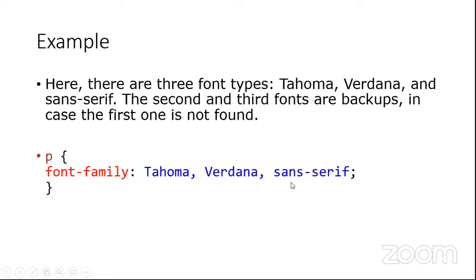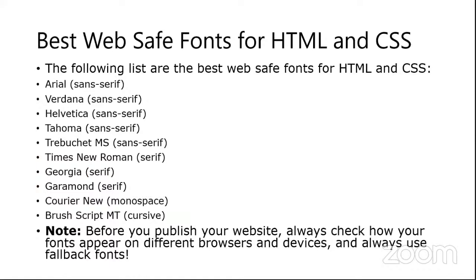So this is an example of a fallback web safe font. Okay, best web safe fonts for HTML and CSS. The following list are the best web safe fonts for HTML and CSS: Arial, Verdana, Helvetica, Tahoma. So these are all fonts we can use.